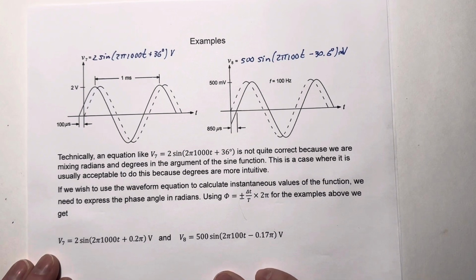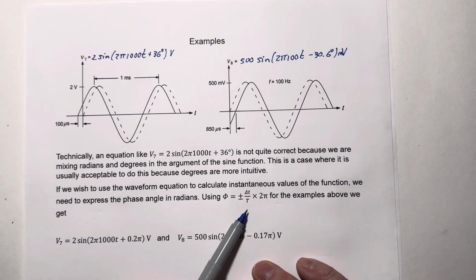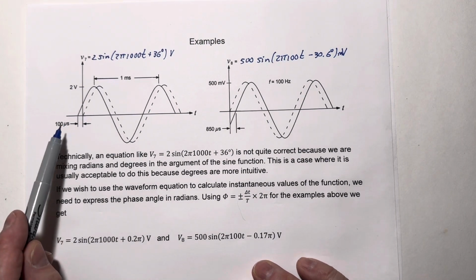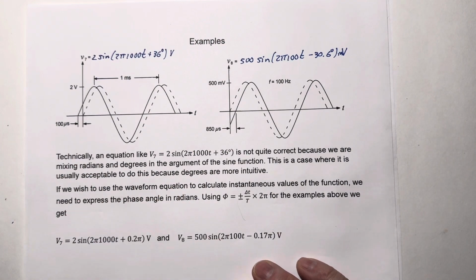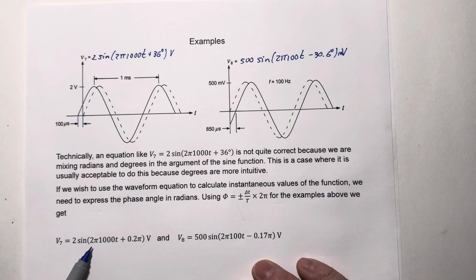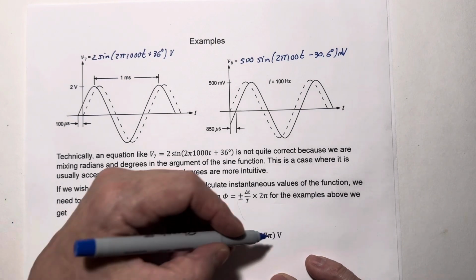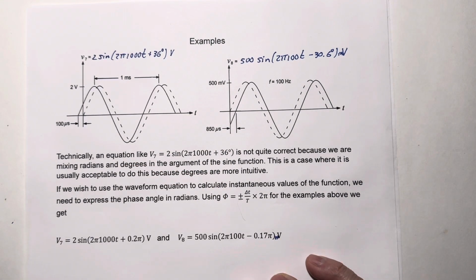But anyway, if we use the equation phi equals plus or minus delta t over the period times 2 pi using the parameters given here, we end up with V7 is 2 sine 2 pi 1000 t plus 0.2 pi radians, and V8 is 500 sine 2 pi 100 t minus 0.17 pi radians, millivolts as well.